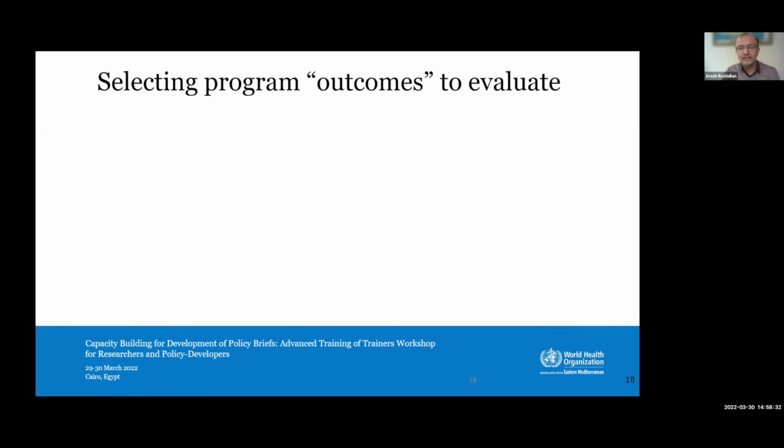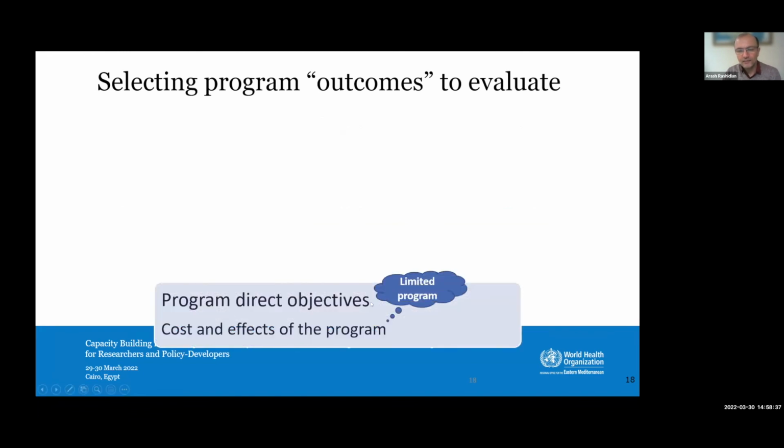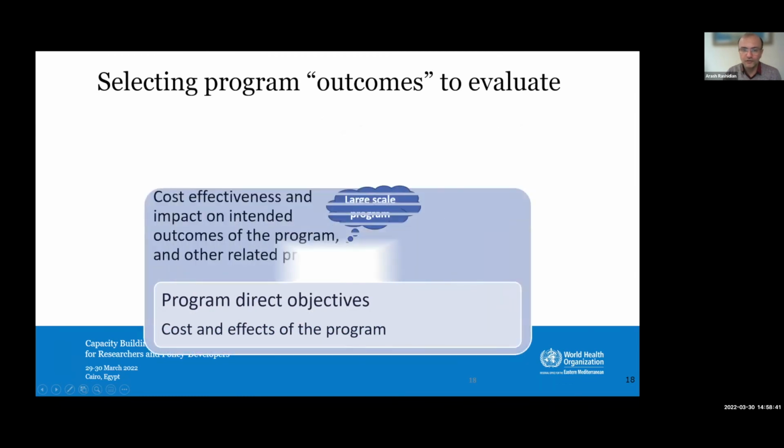I'll summarize that in the final slide I have here. If it's a limited program, the program's direct objective, cost and effects should be followed. If it's a larger scale program, look at cost effectiveness of impact on the intended outcome of the program, and at other related programs that might become affected.